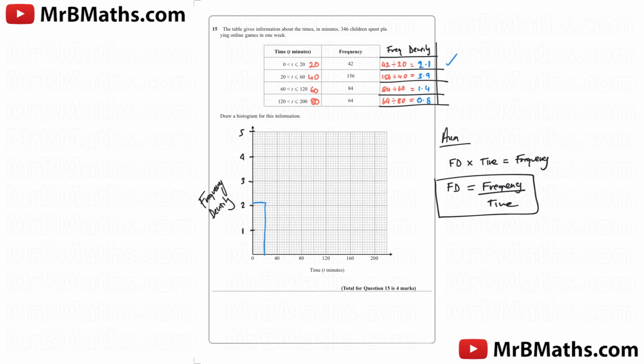That's this done. I'm then going to go from 20 to 60, so up to 60, and that goes to a height of 3.9. So that's to here, and that is to a width of 60.